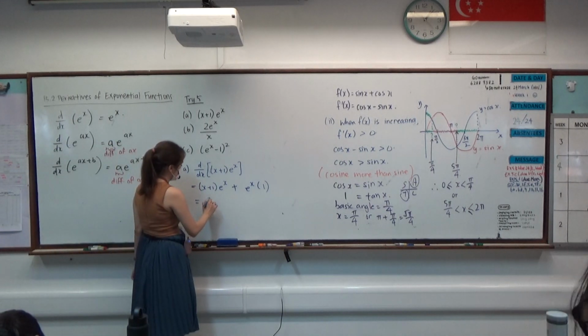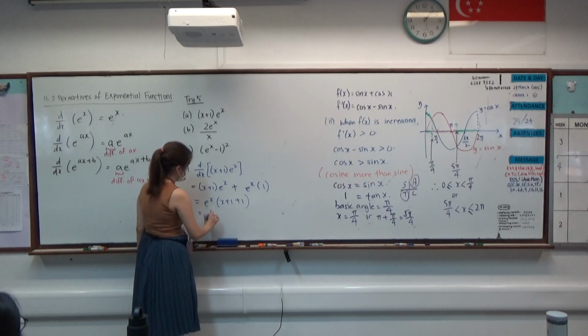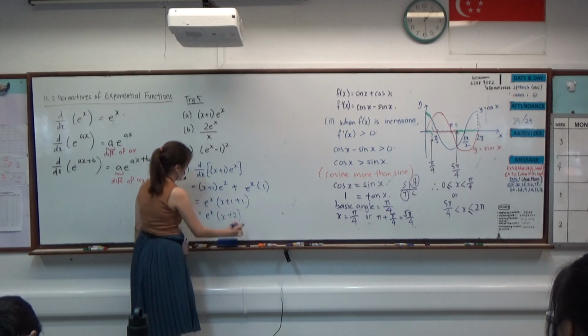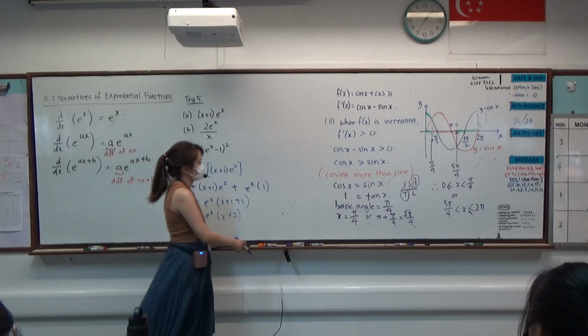Simplify it. Keep it factorized: e to the power of x times x plus 2.